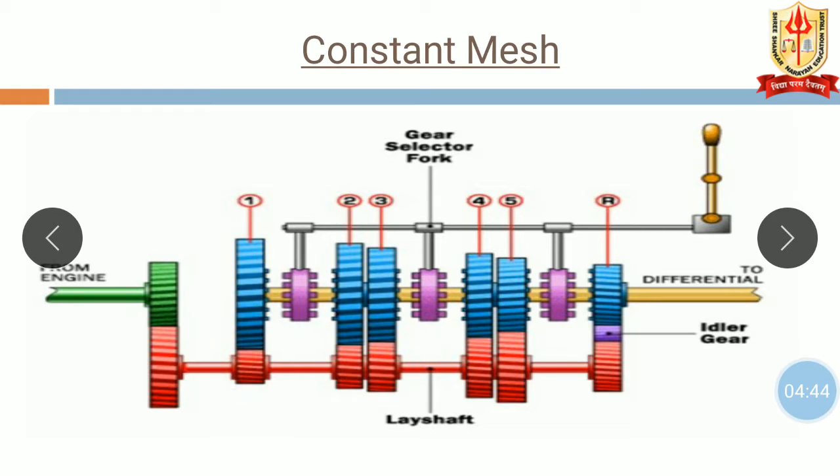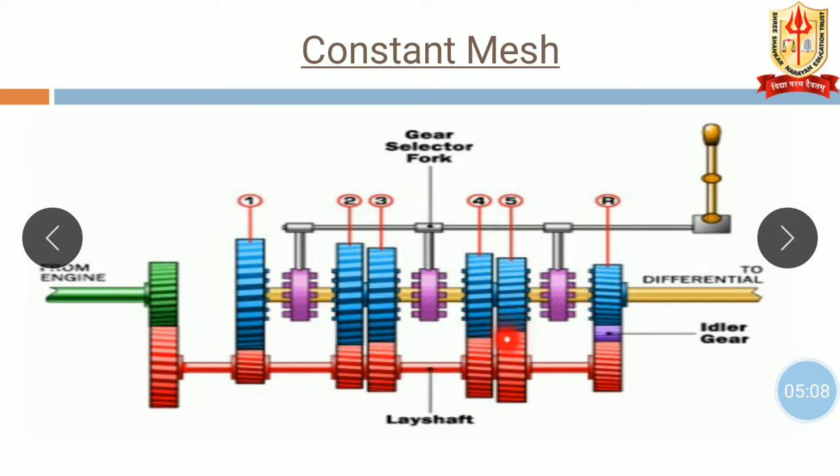That's why it is called constant mesh. The name itself is given because the gears on the lay shaft and the gears on the main shaft are continuously in contact, or in engaged position.